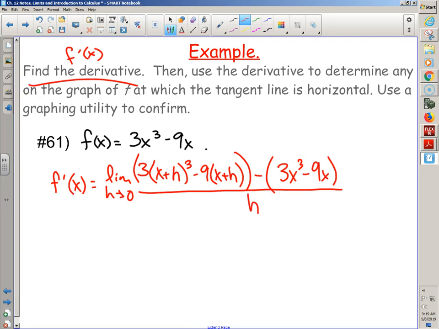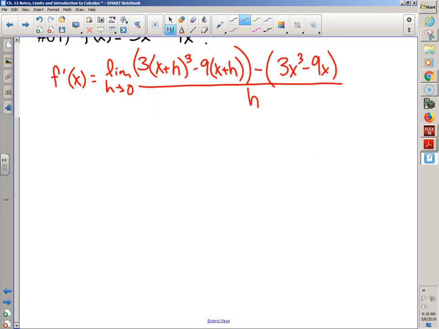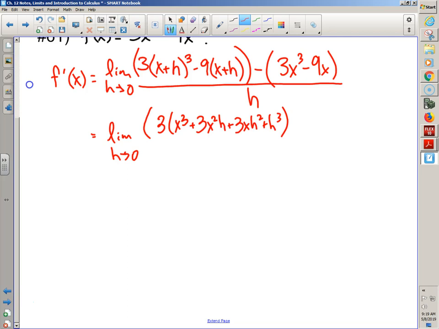Did anybody get a little intimidated by the cube? Yes. But then did you remember Pascal's triangle? So it's x cubed plus 3x squared h plus 3x h squared.